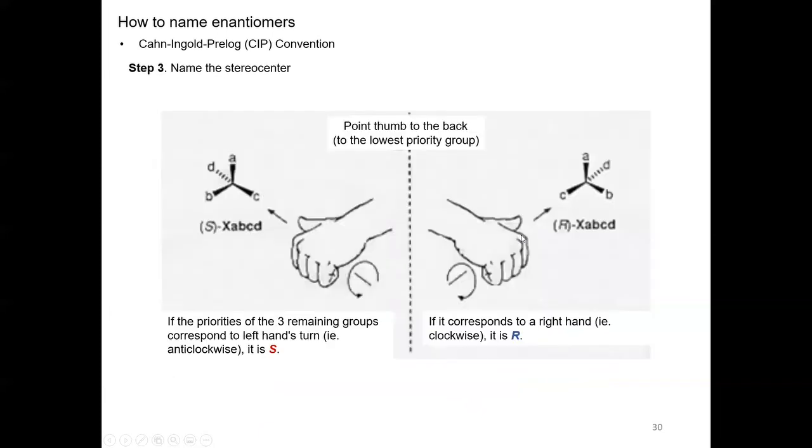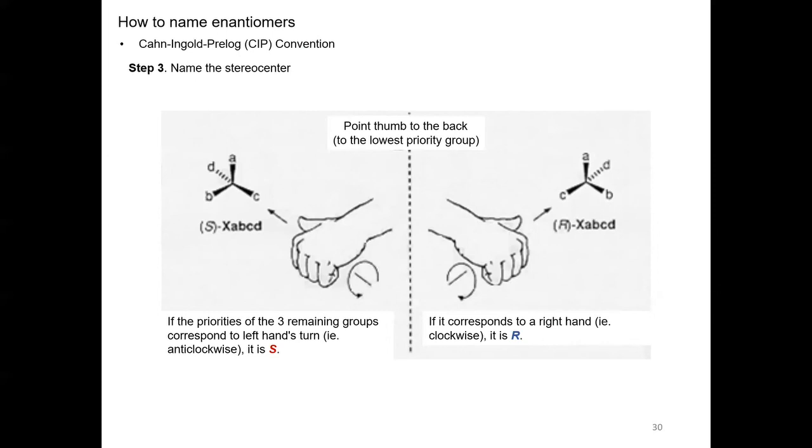The third step is to name the stereocenter, okay? Now you need to use both of your hands. If you put your left hand out and you point your thumb to the hydrogen, to the D, and you rotate your left hand, if the 3 groups pointing to you, from A, B, and C, go counterclockwise and match the rotation of your left hand, then it is S. We call it S, which means sinister in Latin, left, because it matches your left hand.